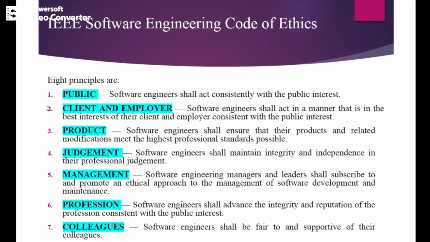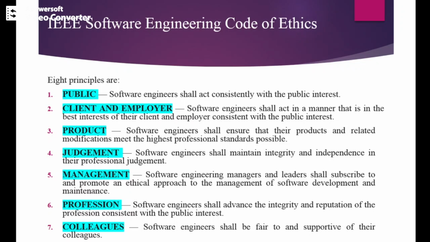First one, we'll begin with public. You know what the meaning of public is: the people or the population of the country. So software engineers shall act consistently with the public interest. Whatever they are developing should be in favor of the public only.